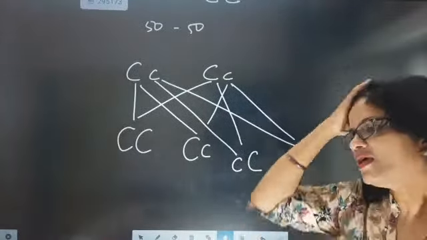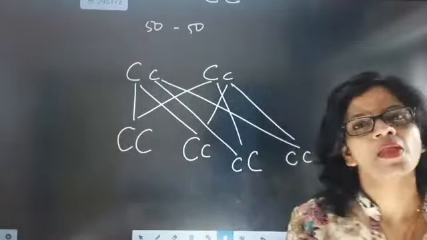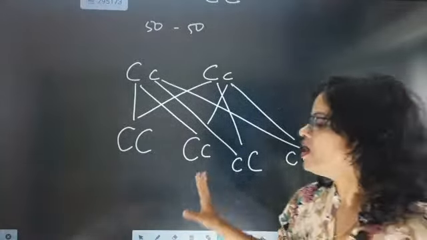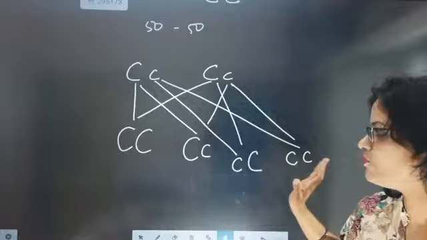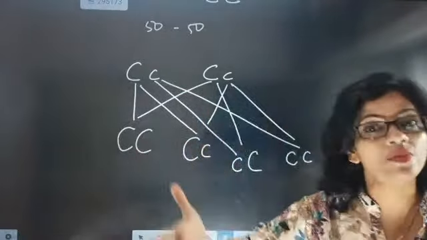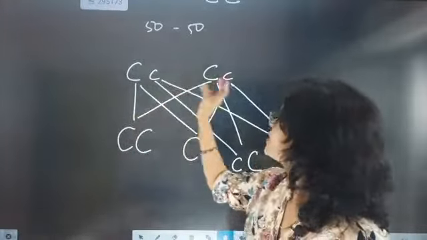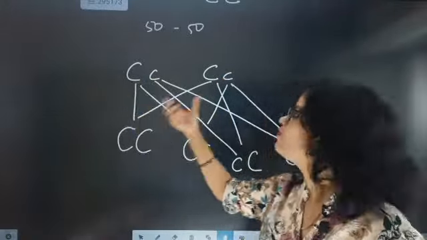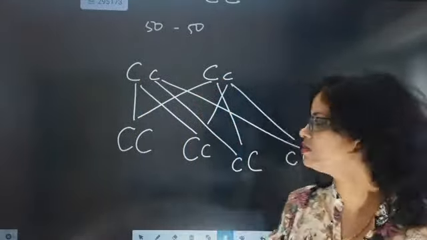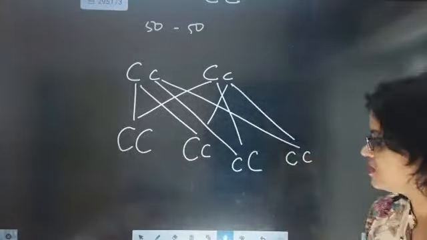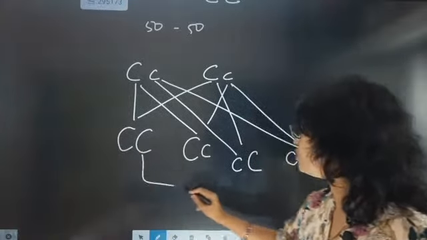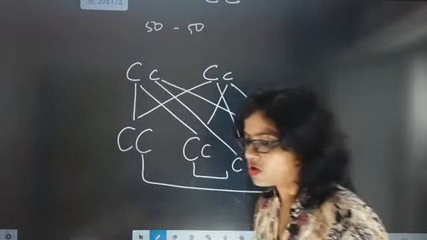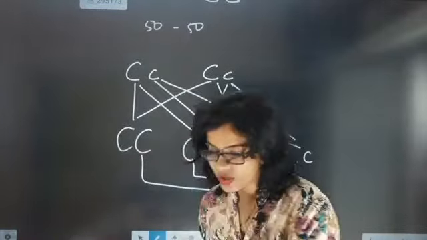Just think that this type of cross has been done, and the father and mother are having exactly 4 children. Now which one will be picked? You see, from both hetero parents, we got 2 pure homozygous and we got 2 heterozygous.